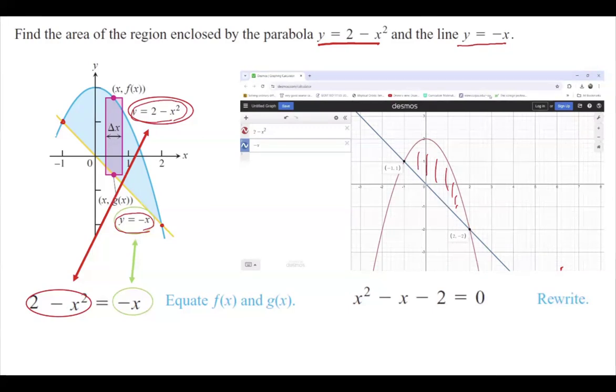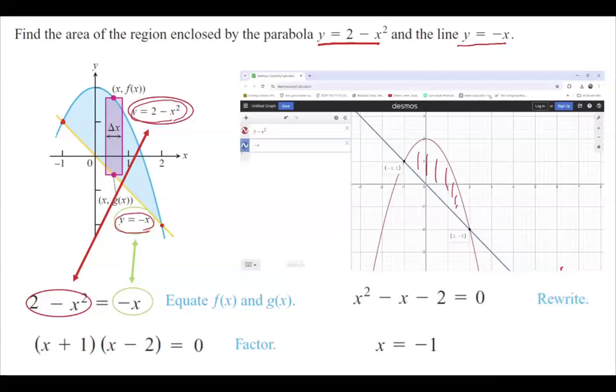We can use the factoring method or the quadratic formula to solve this. Factoring is easier, right? X squared minus x minus 2 can be written as the multiplication of two linear terms, x plus 1 times x minus 2. And you're going to set it equal to 0 because you have 0 on the right-hand side.